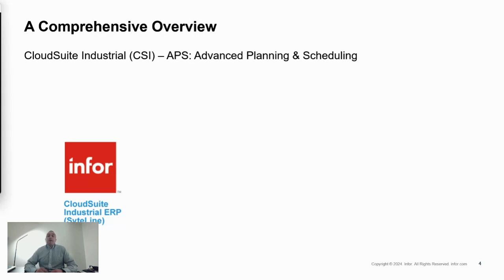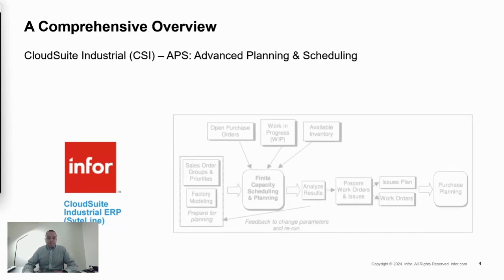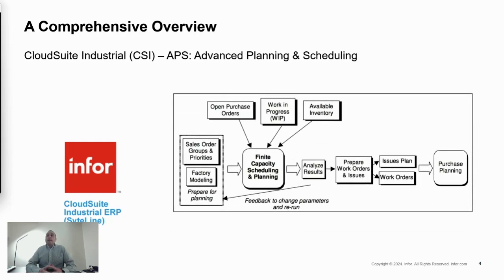So you have your Cloud Suite Industrial ERP, formerly known as Sightline. And then what we're incorporating is the advanced planning and scheduling robust engine that's encouraged to be run in the background at least once a day, right? This is the engine that's capturing your fluid demand. And once the results are analyzed, it becomes a review of all of those exception messages for your planners and schedulers.